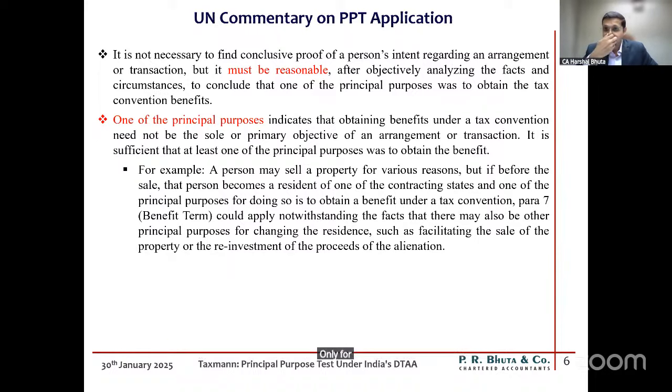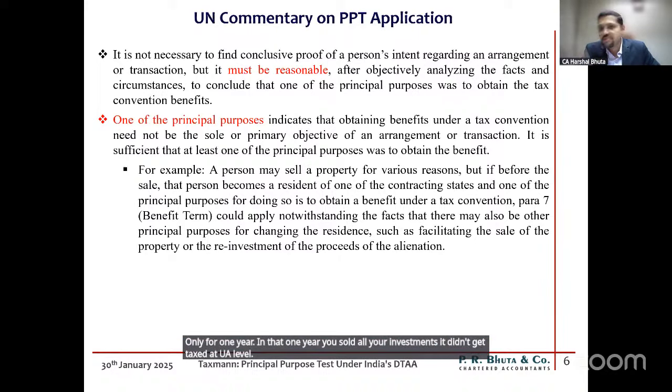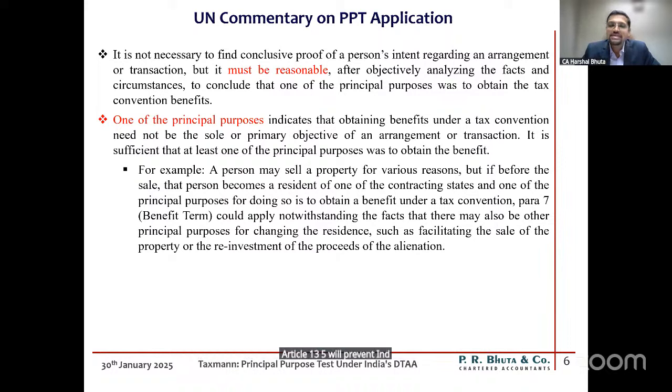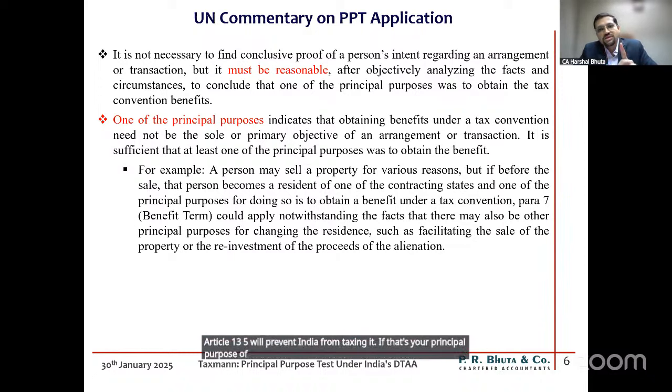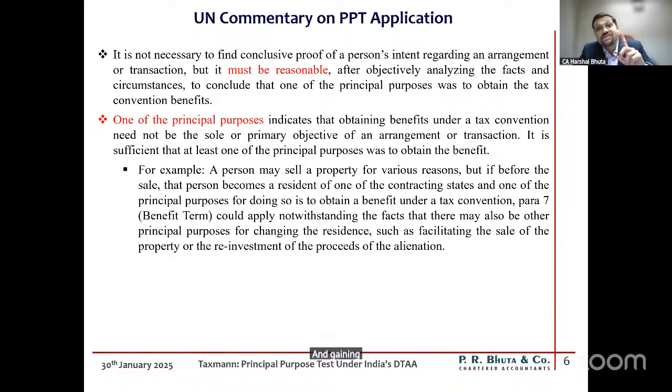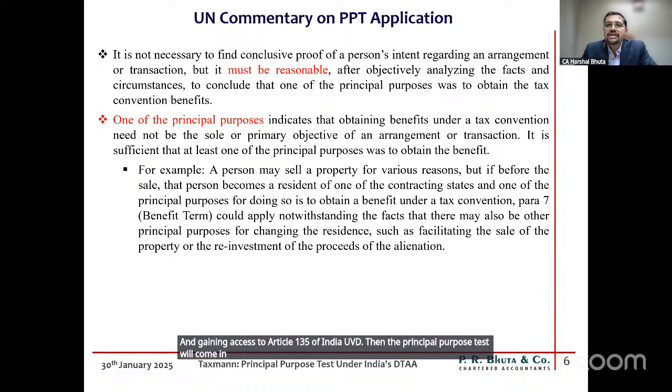In that 1 year, you sold all your investments. It didn't get taxed at the UAE level. Article 13(5) will prevent India from taxing it. If that's your principal purpose of becoming a non-resident of India and gaining access to Article 13(5) of the India-UAE DTA, then the principal purpose test will come in and deny you that benefit.